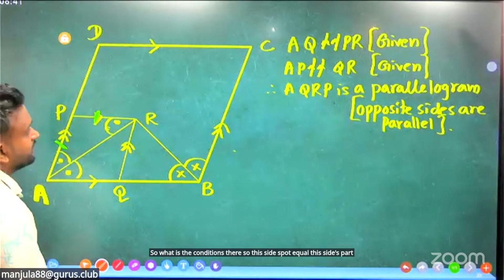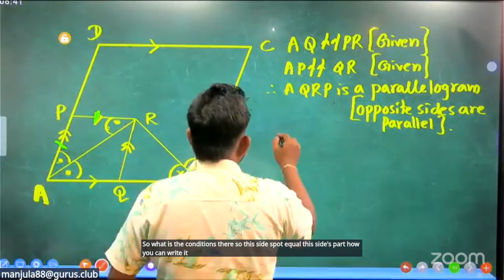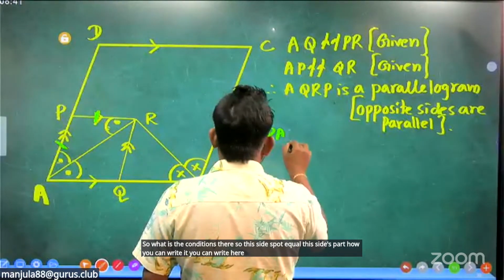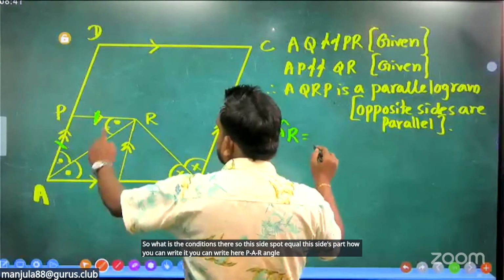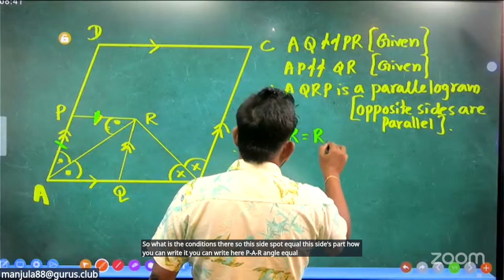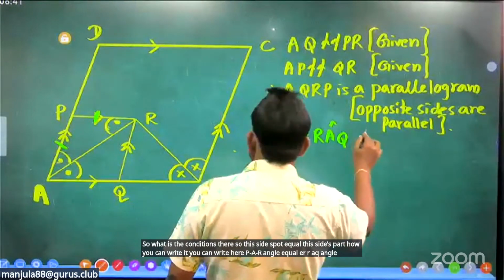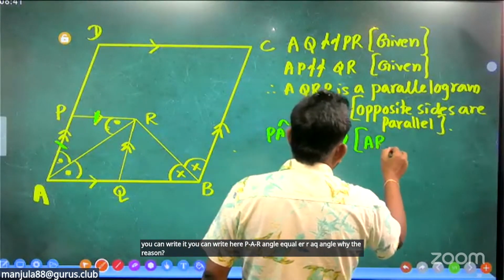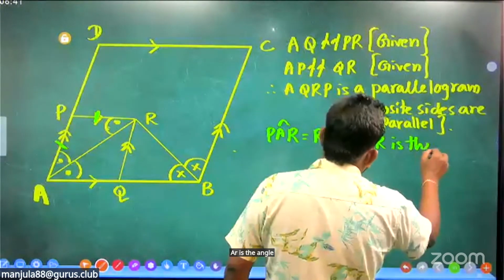So how can you write it? You can write here angle PAR equals angle RAQ. What is the reason? AR is the angle bisector.